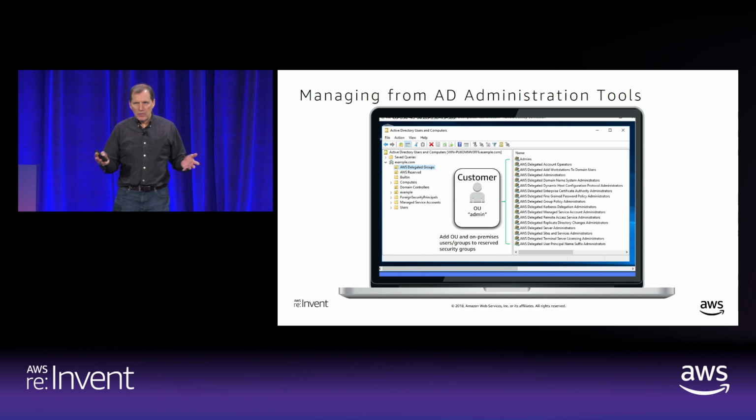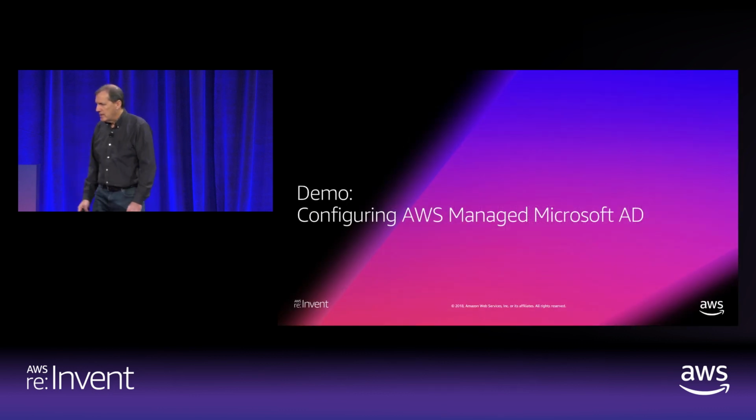In fact, most security people will say, don't use domain administrator, go lock that password away, create a different user account and give the least possible permissions to do the administrative functions. And so we've kind of already set that up for you by creating all of these security groups, and you can add your users to those groups or your groups to those groups and administer who gets delegated permissions for administration.